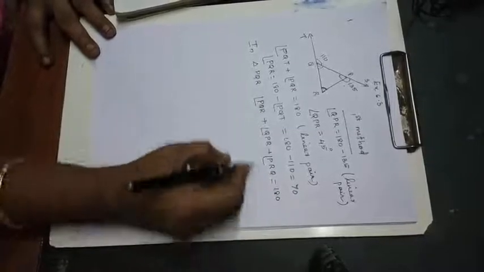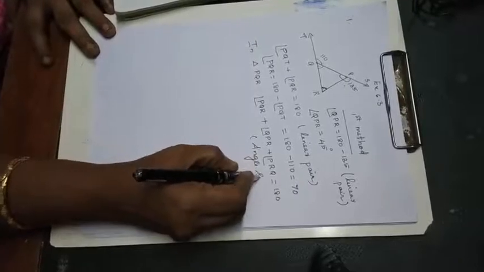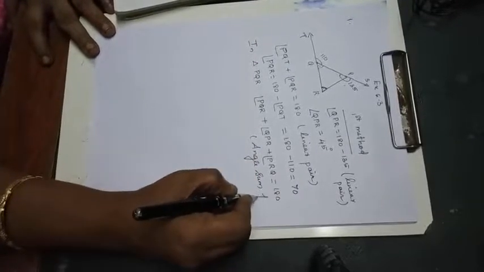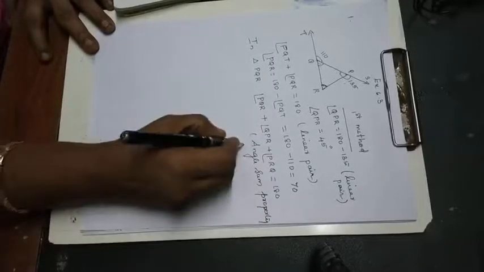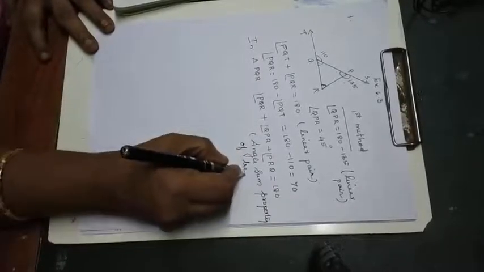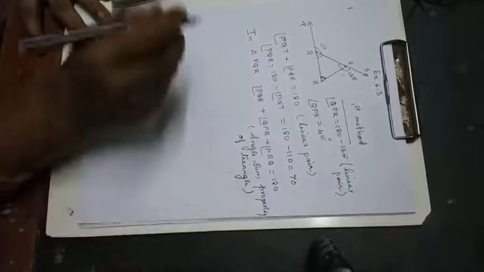So the reason is the angle sum property of a triangle. That we have already learned. Okay, the theorem we have already learned.